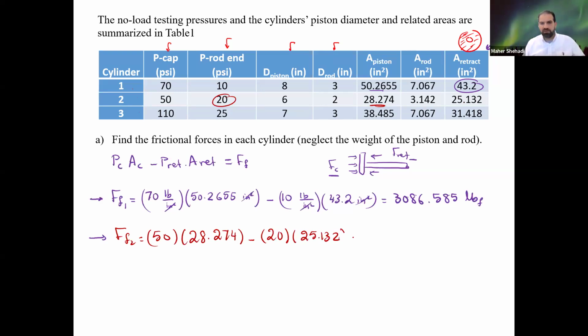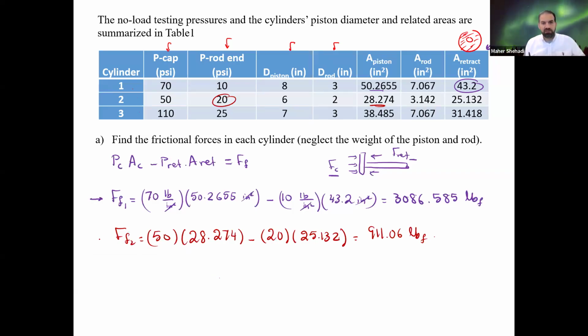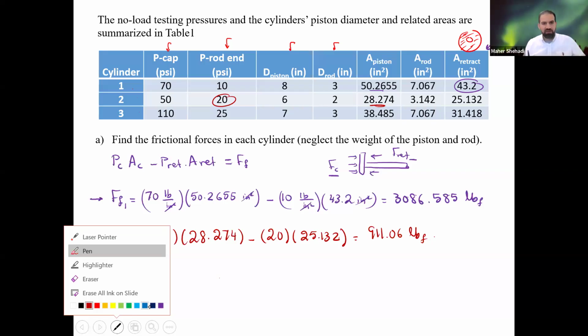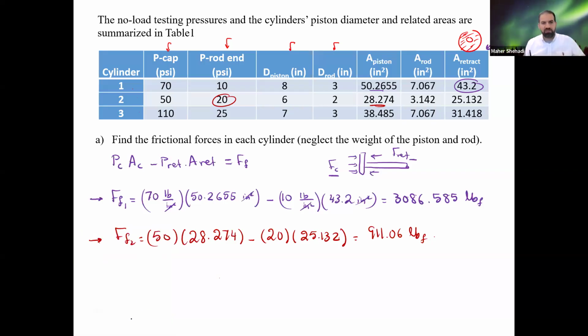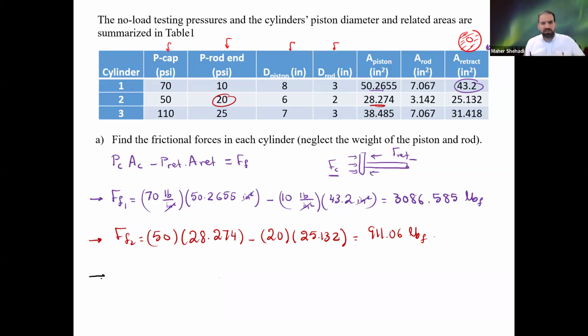So that's the retract area. This time it will be 911.06 pounds. Again, whether you have these connected in series or parallel, you would need to do this, and it's not going to affect the answers. That's the frictional loss on each cylinder when it's on the testing station by itself. So it's not connected in parallel or in series.